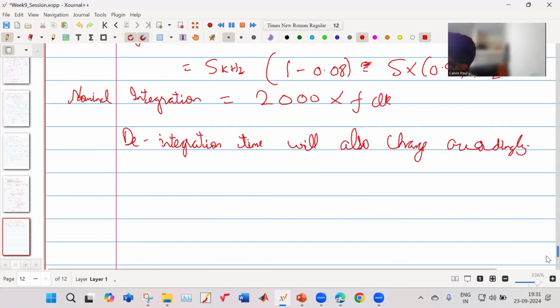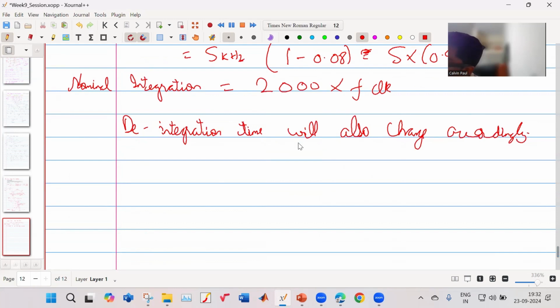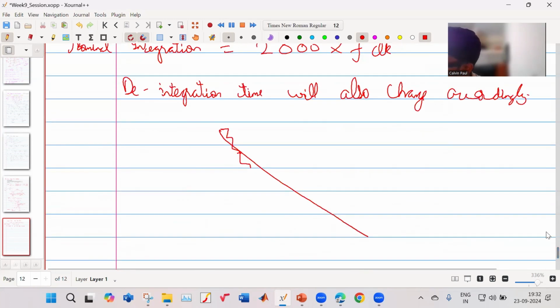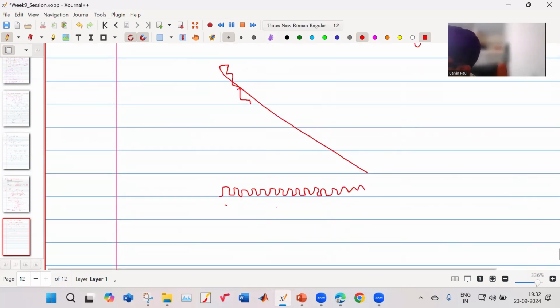Now, if my clock cycle frequency has changed, my de-integration time will change accordingly in such a manner that it has to come from here to here. It will be reducing during the de-integration time. Your clock cycles are still being applied, so because the clock is reduced, the number of cycles it will show will also reduce.